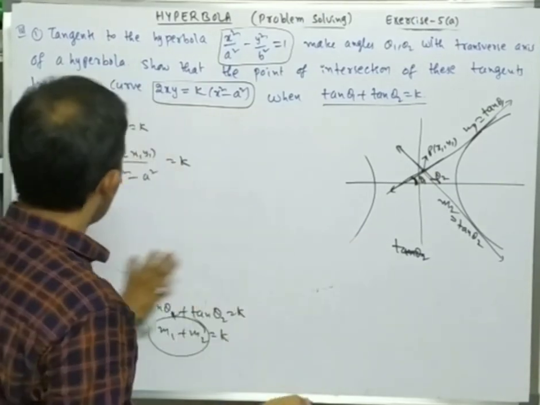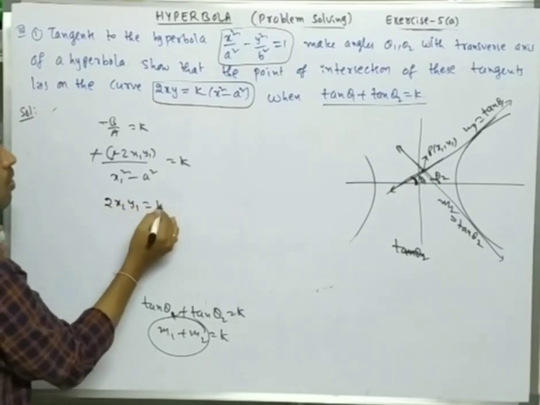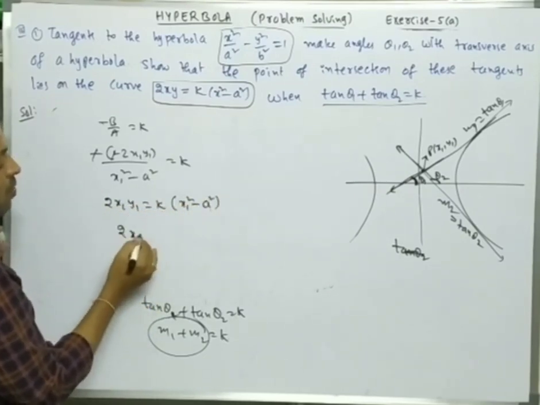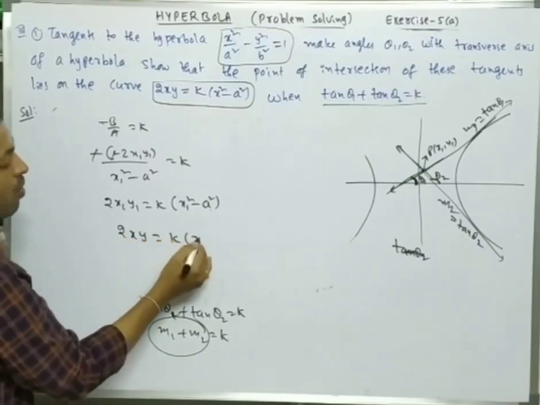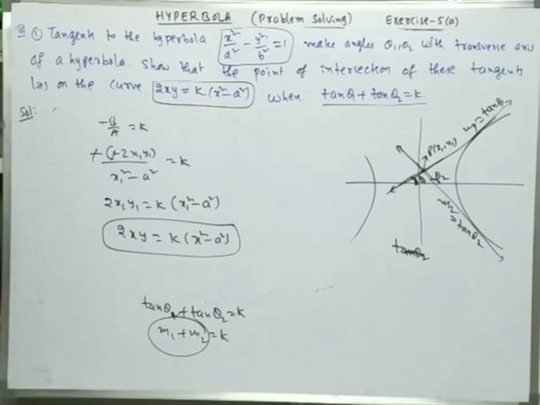So finally cross multiply, minus into minus is plus, 2x1 y1 is equal to k into (x1 square minus a square). Therefore 2xy is equal to k into (x square minus a square) is the locus of the given condition. Okay, so like this we can prove this problem.